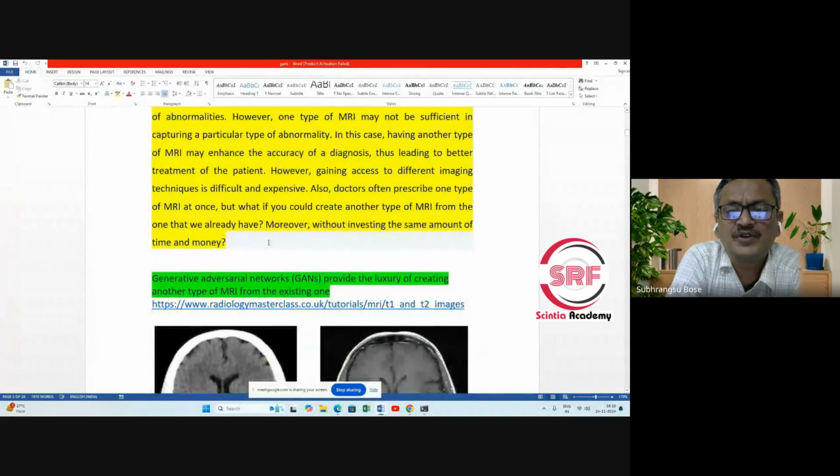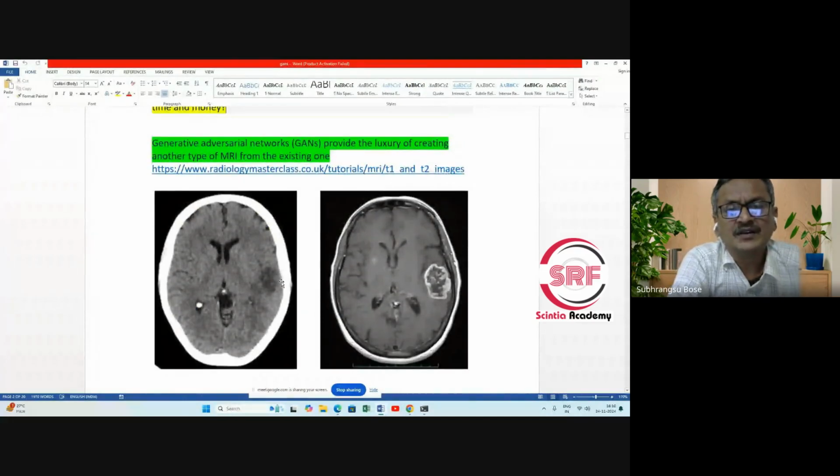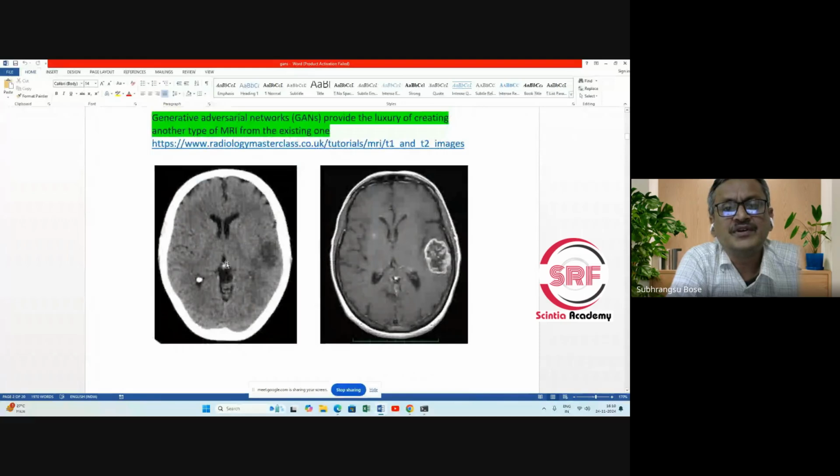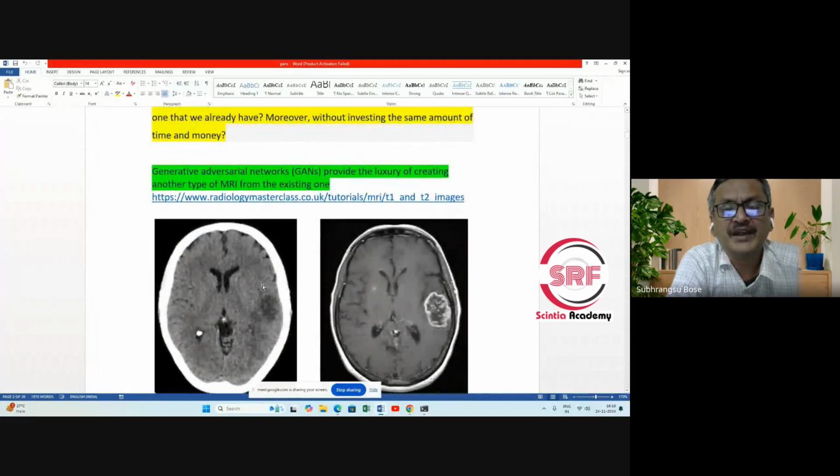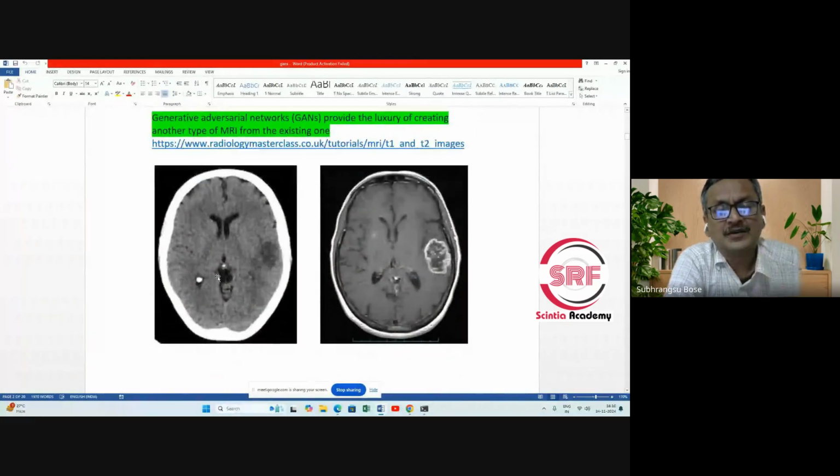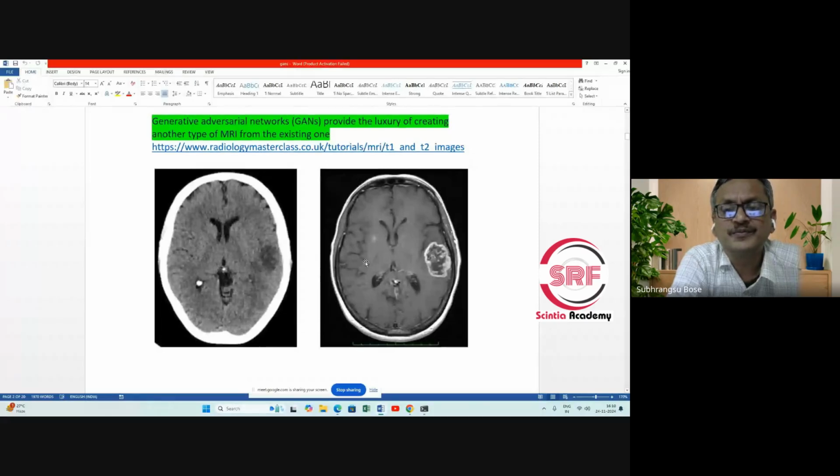There are various types of MRI. Here, the picture is basically an MRI of the brain. The left side is type 1, T1, and the right side is T2.